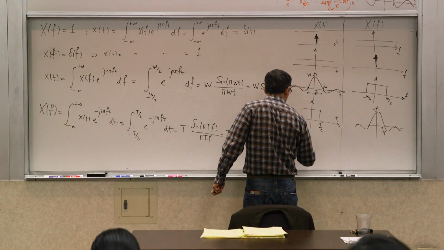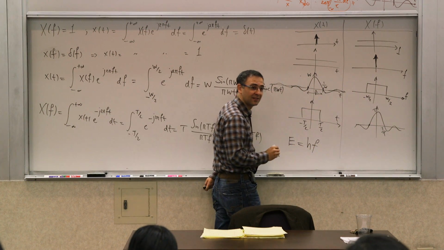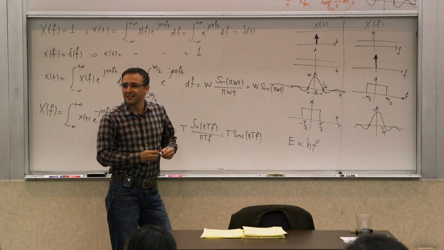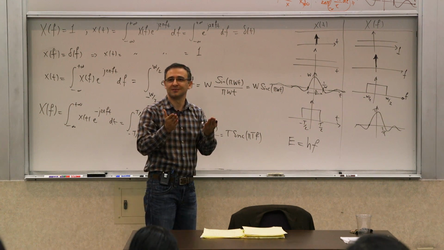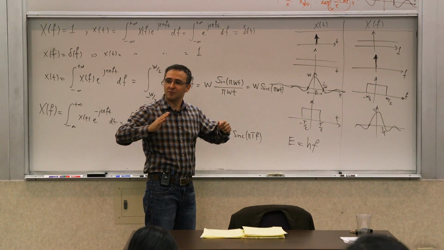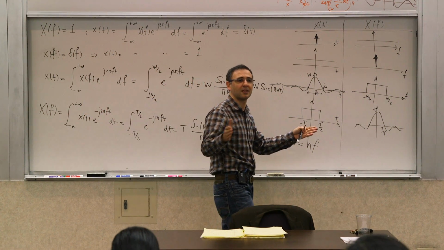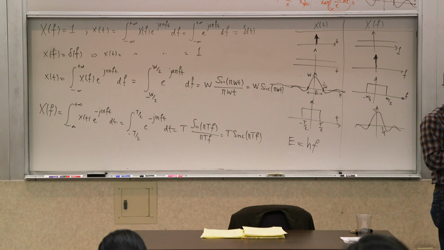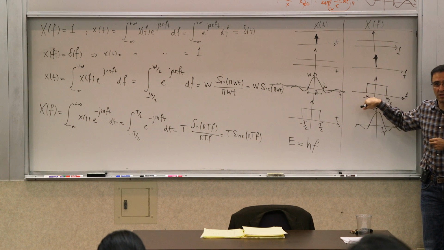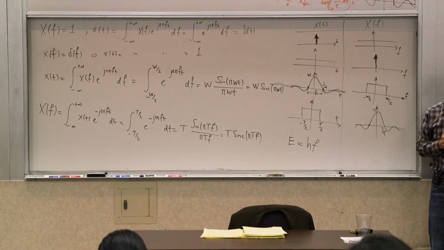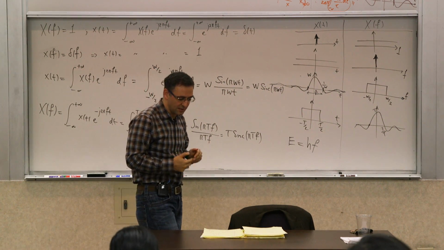What's the energy of a photon? hf or h nu, right? So it's proportional to that. So frequency corresponds to energy, physics, right? When you make something narrow in time, it becomes broad in frequency. If you make it broad in frequency, it becomes narrow in time. Or vice versa, right? So this is the uncertainty principle. That is where it comes from. It's another way of seeing it.